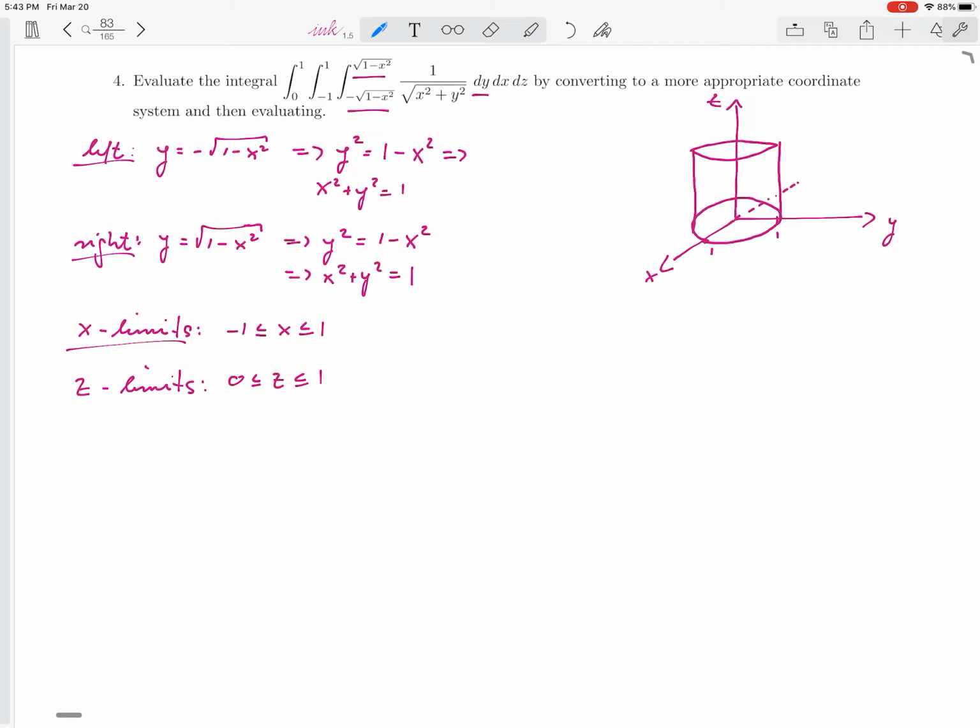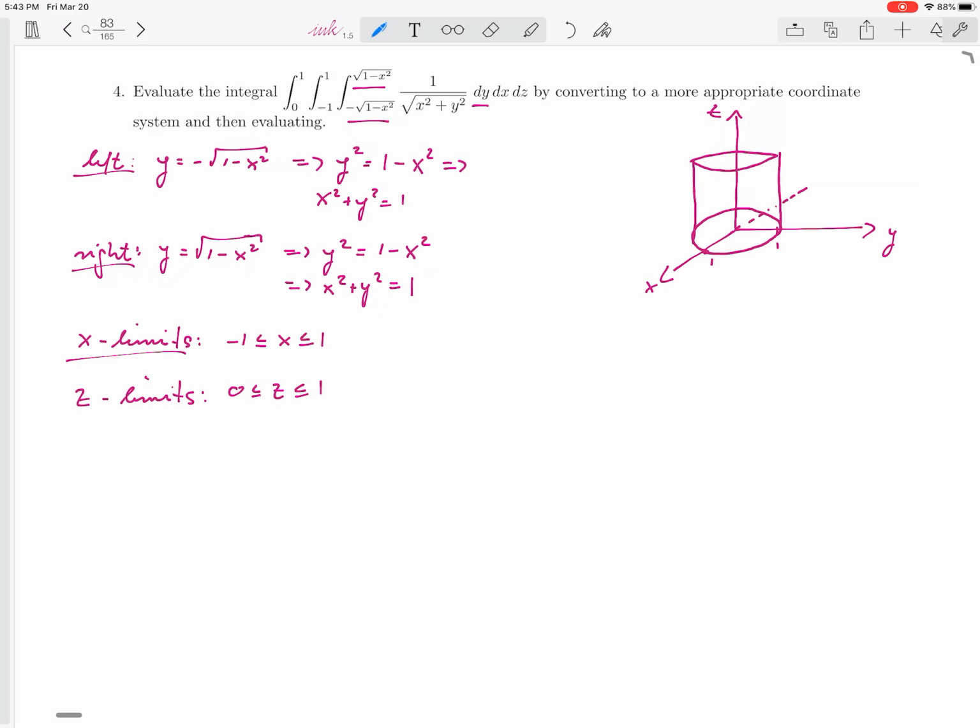So if I extend the x-axis into the negative direction, I want to go all the way from minus 1 to 1. So I have the entire circle in the xy plane. And z goes from 0 to 1. So I'm getting part of a cylinder that is bounded below by the xy plane and above by the plane z equals 1.